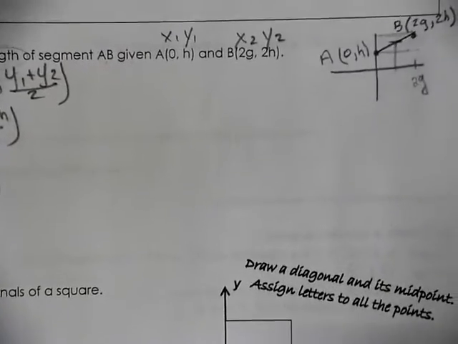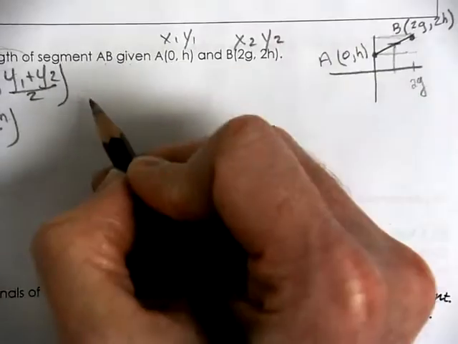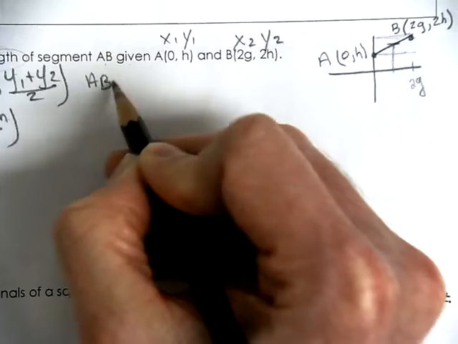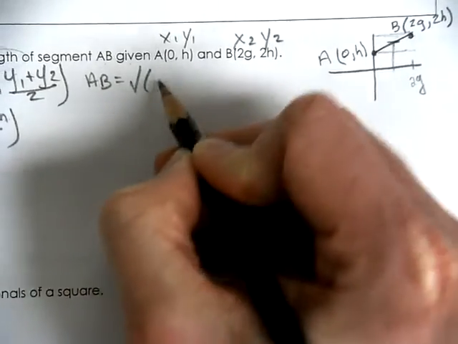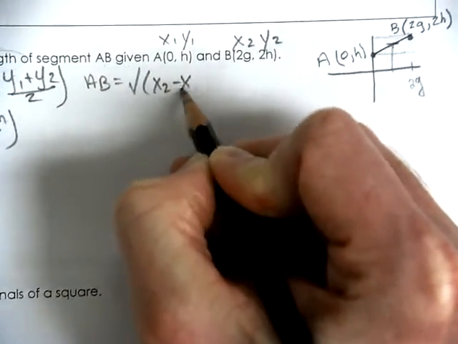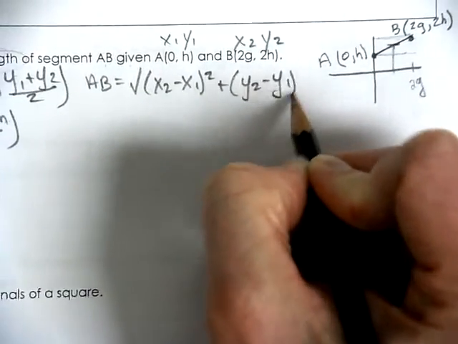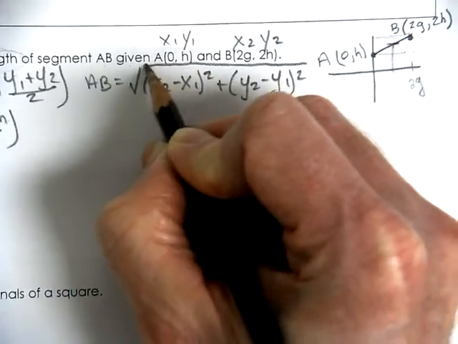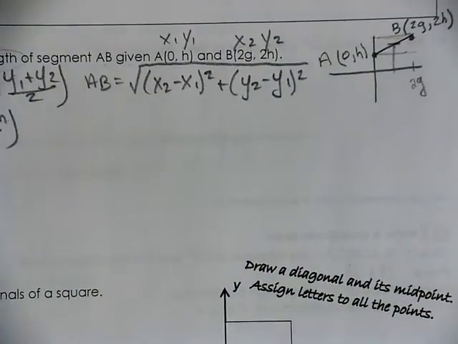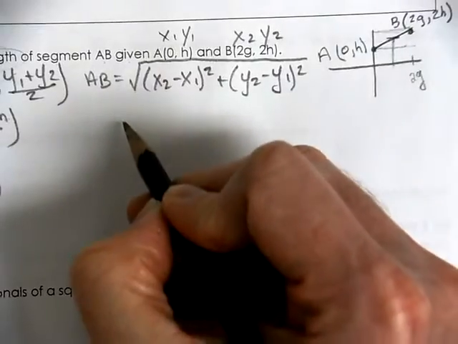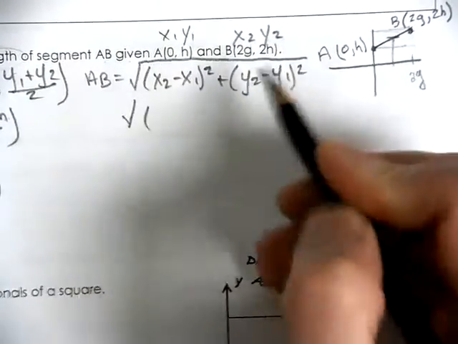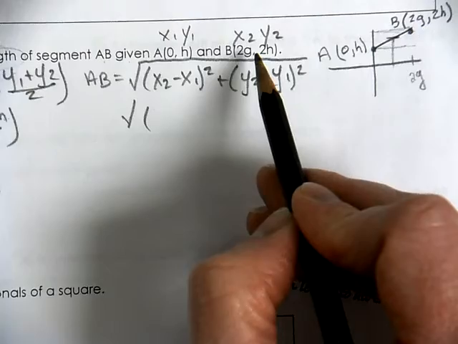All right, now we're going to talk about the length of AB. The length of AB is going to be the square root of x2 minus x1 squared plus y2 minus y1 squared. The more times you write your distance formula, the more ways you're going to be familiar with it. So we look for our x2.